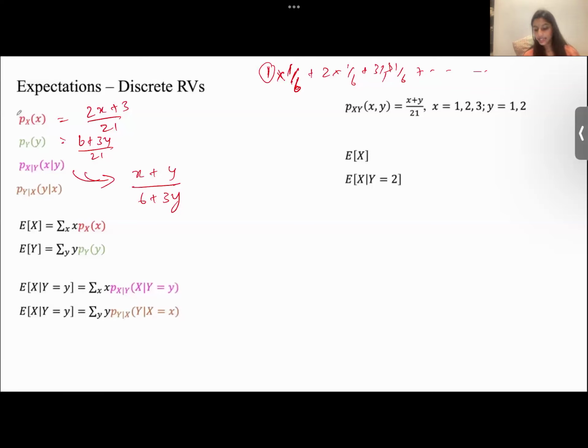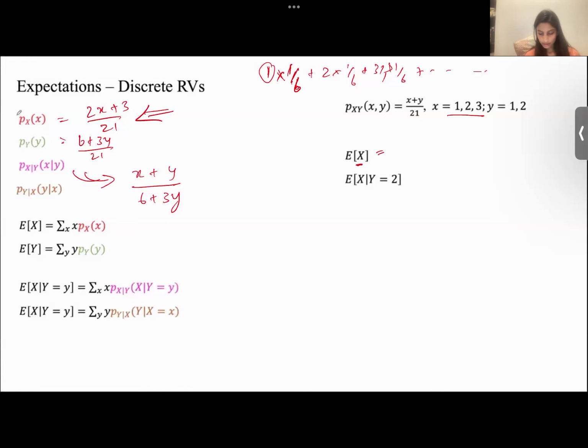Now how do you calculate the expectation of x? You just apply the values of x with the marginal probability of x.